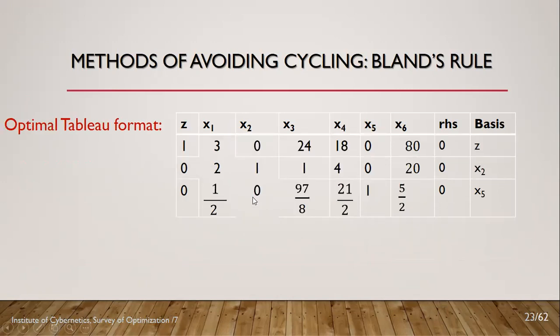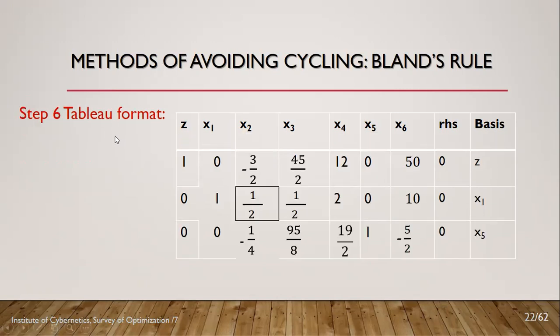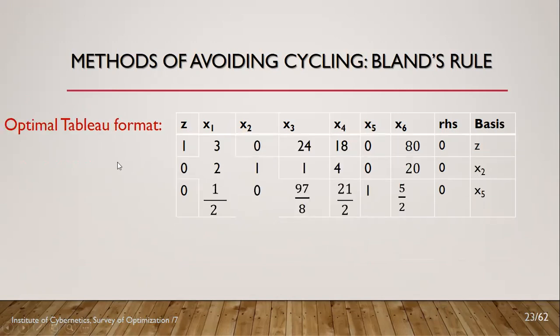By applying the simplex method, we come up with the optimal tableau. And how do we know that it is optimal? We see that all the coefficients in row 0 are non-negative, so the optimality criterion is satisfied.